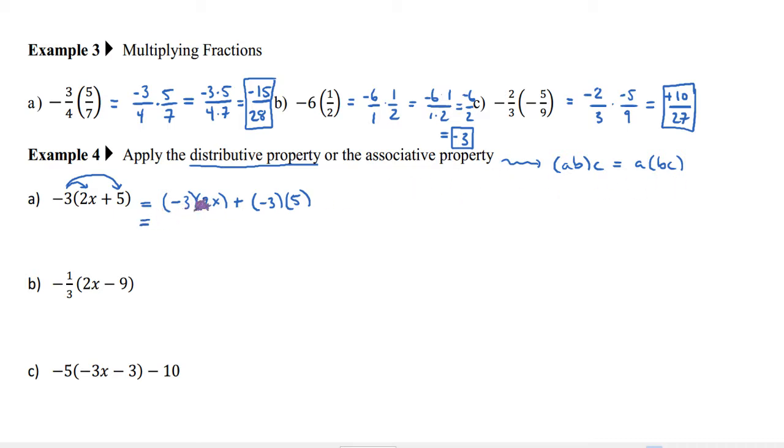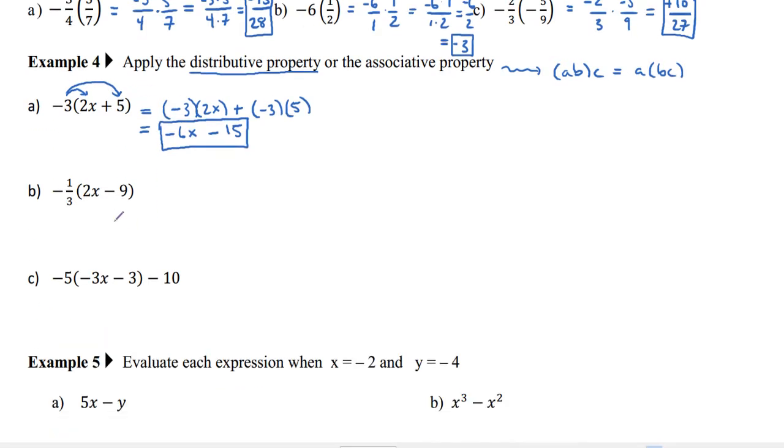Then the negative 3 times this expression, you would just do negative 6x, because negative 3 times 2 is negative 6, and the x just gets carried along, and then negative 3 times 5 is going to be negative 15. So this is the result after expanding this expression.